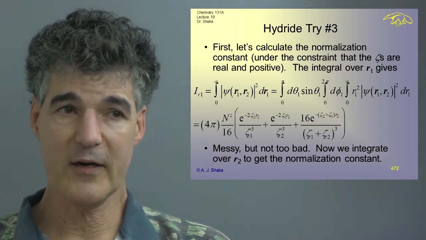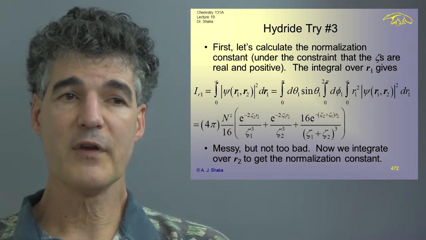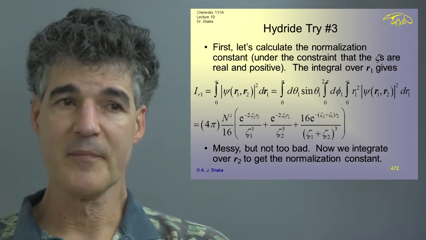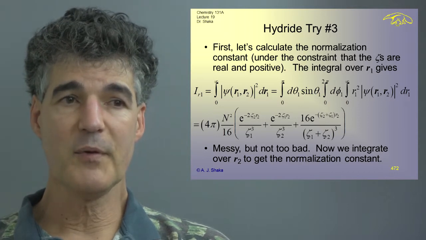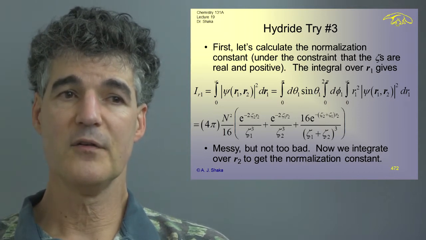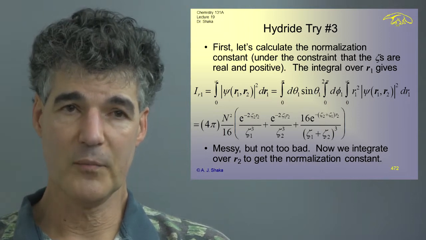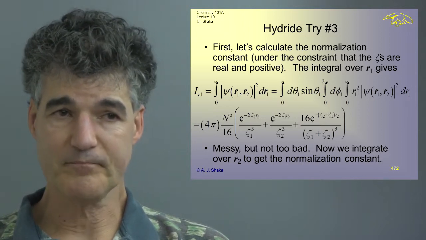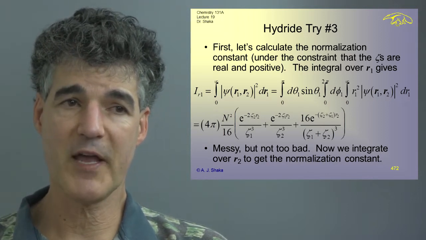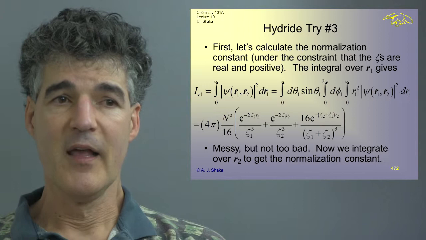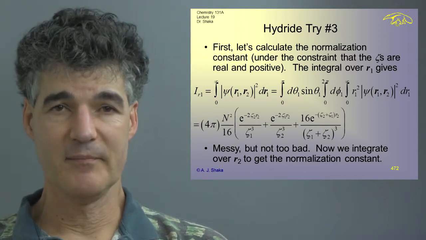What we get here is 4 pi n squared over 16, and then 3 terms in zeta that all have exponentials in the top, and cubic terms, zeta 1 cubed, zeta 2 cubed, and zeta 1 plus zeta 2 quantity cubed in the bottom. That comes from just doing the integral by parts. There's no magic there. This is pretty messy, but it's not too bad.